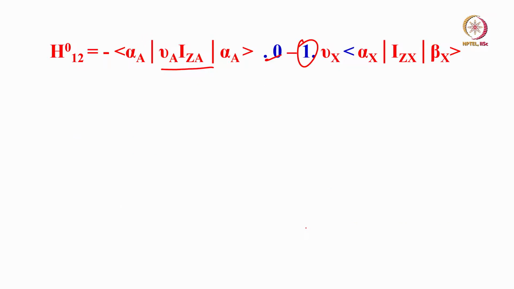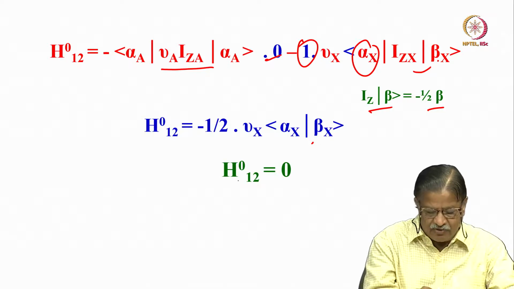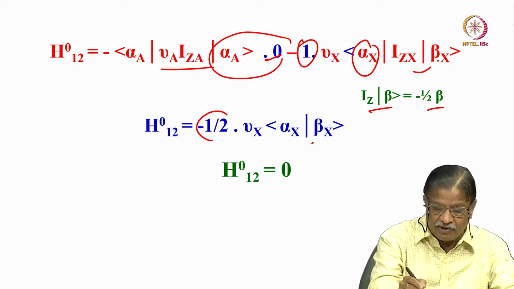So, this is going to be like this, and Iz alpha operating on this becomes half alpha, minus half beta here, Iz beta operating becomes minus half of beta. So, you are going to write it like that, alpha X is there, now beta again coming here, alpha X beta X again they are 0. So, H12 this will be 0, this term is shown to be 0 multiplied by 0.